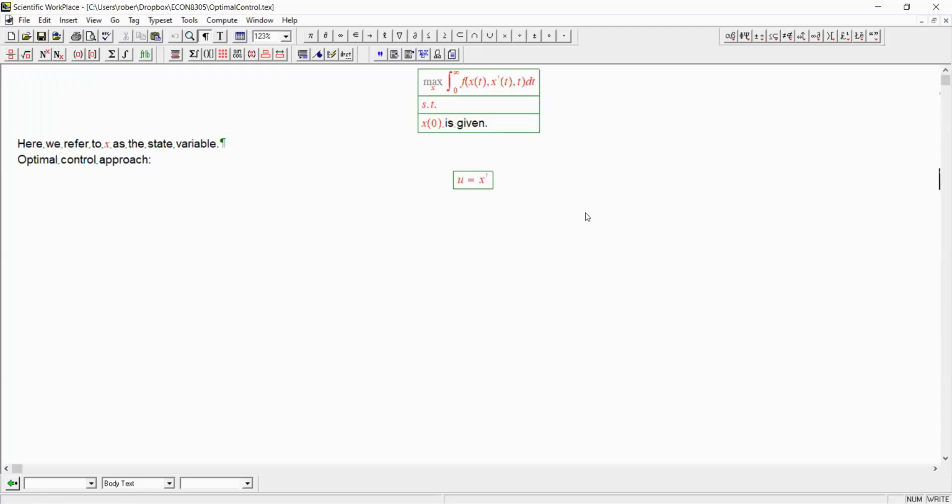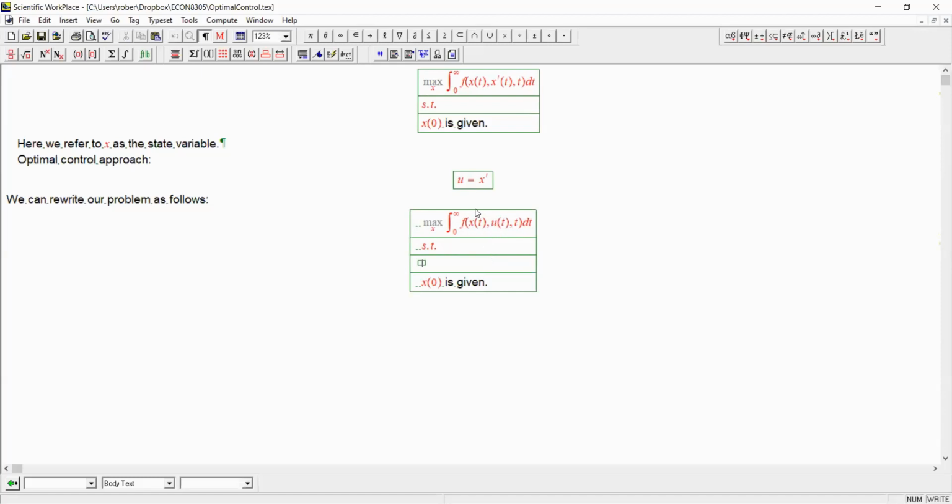Then we can rewrite this problem in the following way. We can replace the x prime there with u and add the new constraint, which is just that u equals x prime.